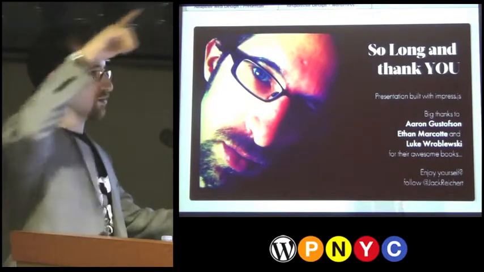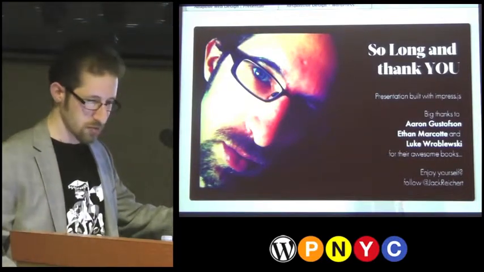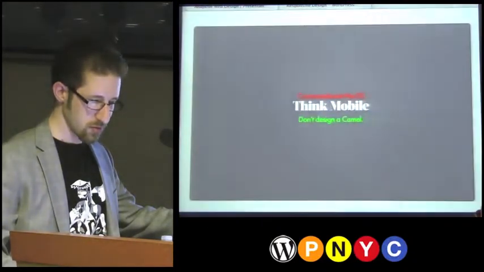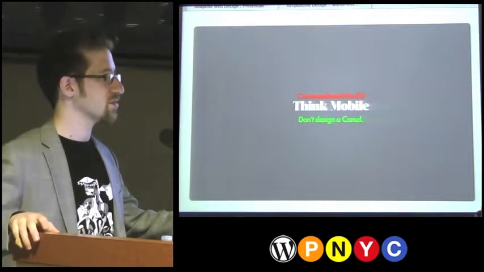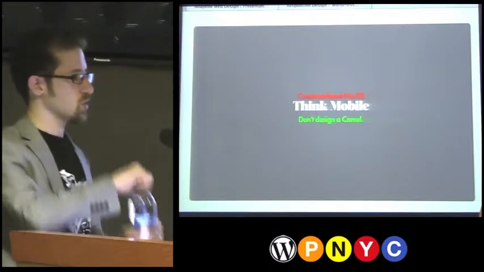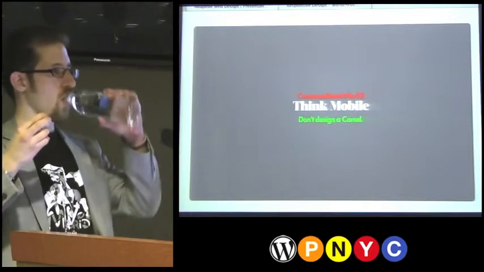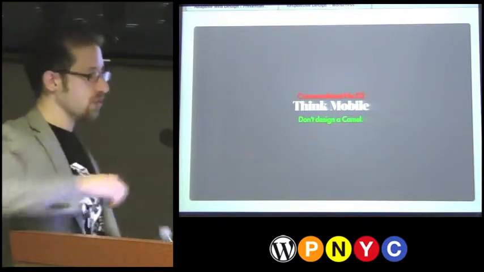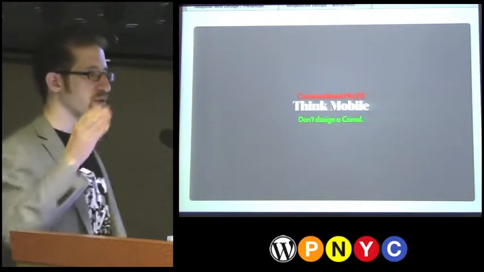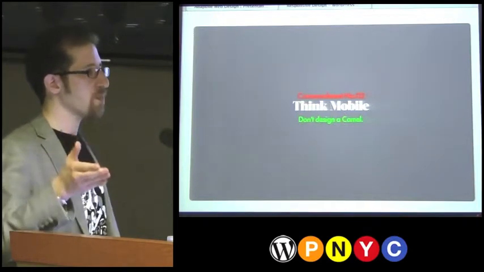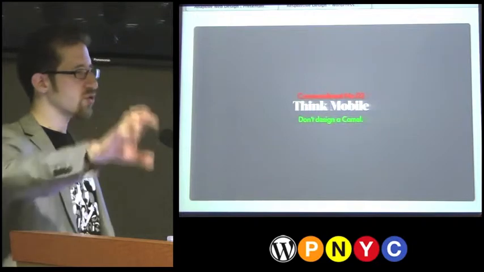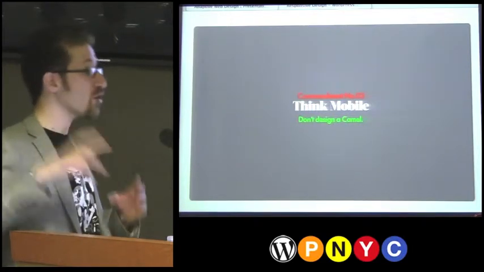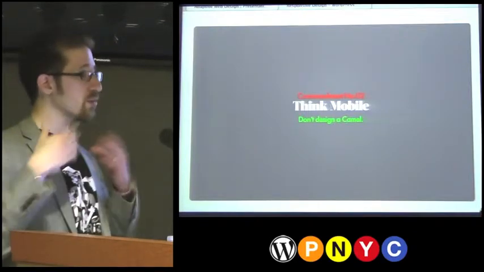Can we go back to commandment number 2 for a second? Sure. Think mobile. Okay, so is the idea to start out with something that looks good for a mobile site and then build upwards? The idea is that when you're setting out to design your site, before you even get to choosing a theme, you start with assessing what should be on your site, what should be visible, what should be accessible, and how.